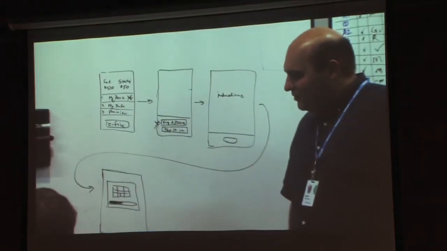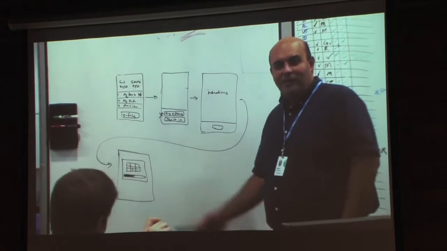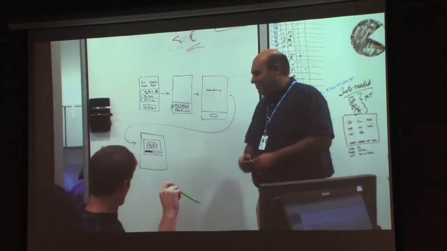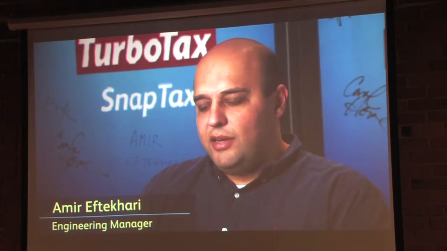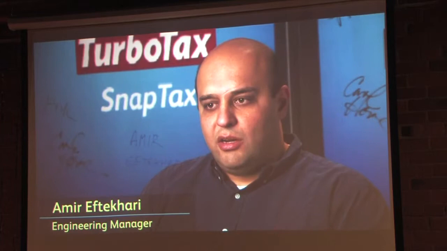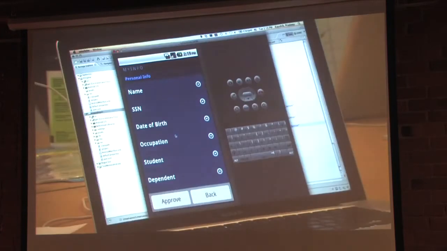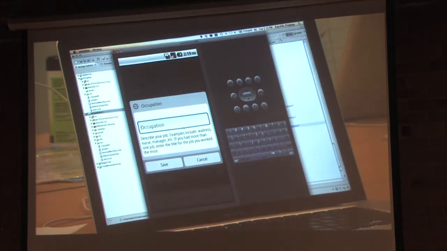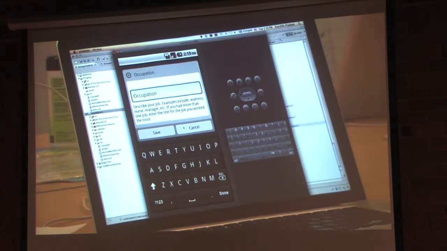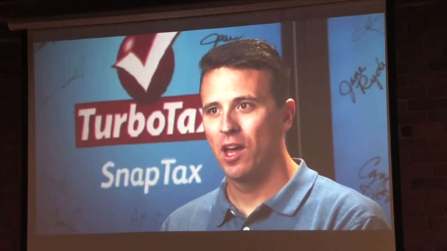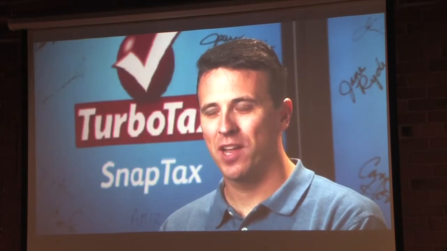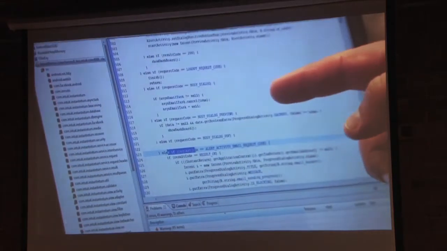Just doing your taxes on a phone is a whole new innovation, a whole new way of doing taxes, and it brings with it a whole new dimension to how do you ask questions on a phone, and how do you make it very easy? We started out with that prototype, and that was just the core functionality. Okay, we proved we can take a picture of a W-2 and get the results back. Of course, then now the real challenge is, okay, well, start to finish taxes is a much bigger deal. Right? There's a lot more to that.